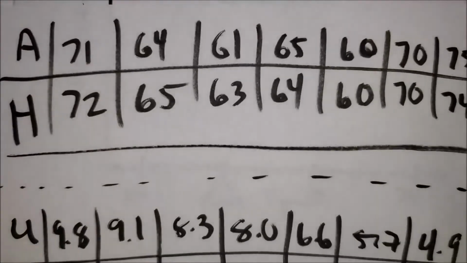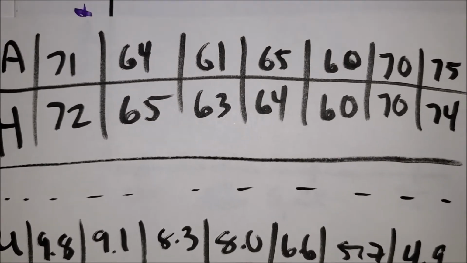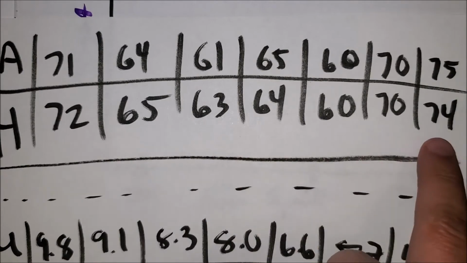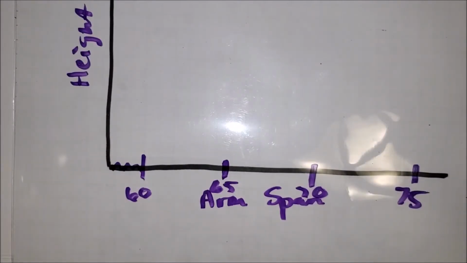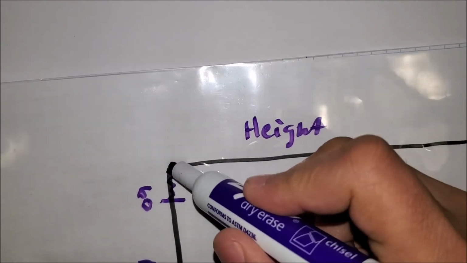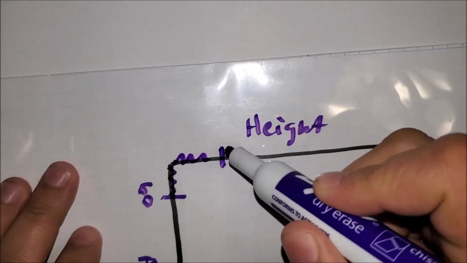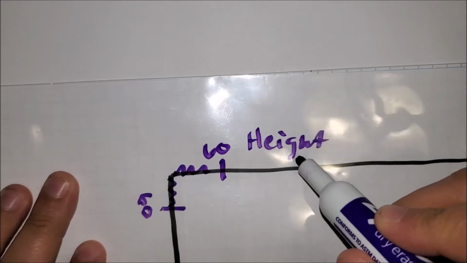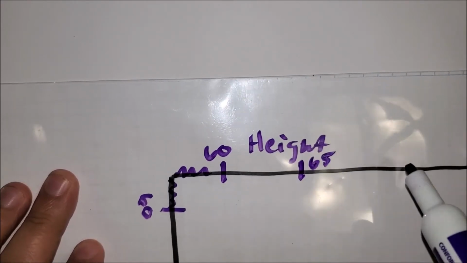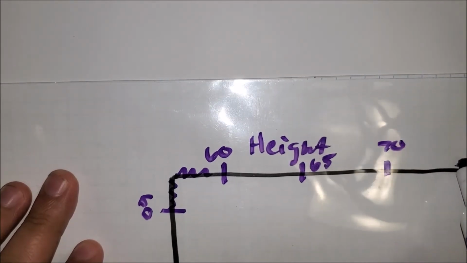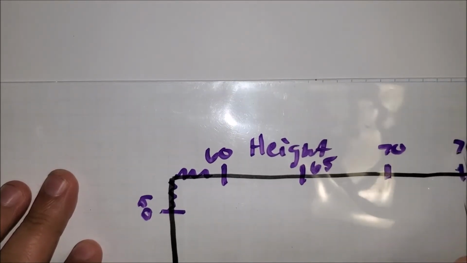And then our height, similarly, the lowest point is 60, and our highest point is 74. So we'll scale that the same way. So here's 60, 65, 70, and 75.